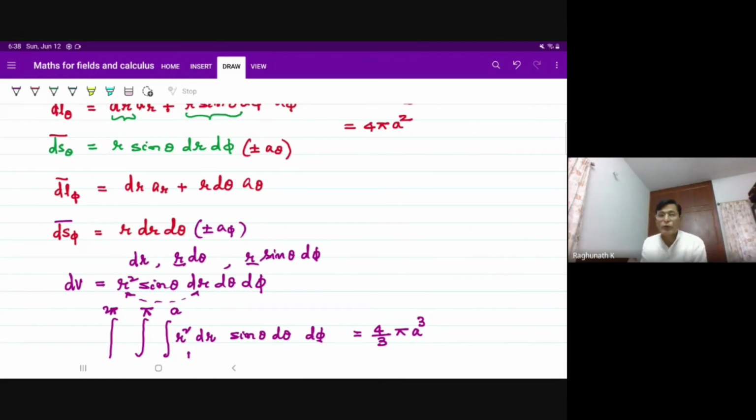Tonight only, we will get that material, maybe if it is there with me. Otherwise, tomorrow morning, I'll send the three-dimensional coordinate systems material. I think I've sent it. We'll see. Otherwise also I will send all the three coordinate systems: Cartesian, cylindrical, and spherical. Just small material like notes is there. Just look into that.